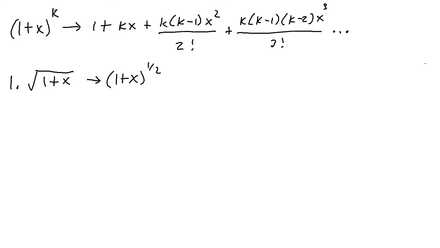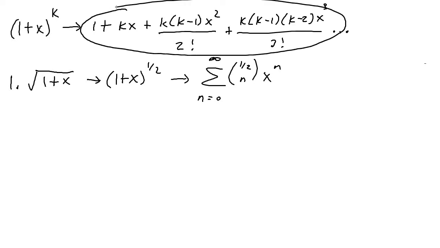So if we were to rewrite this as a binomial series, we have the series from n equals 0 to infinity. Remember, the k is going to be on top in parentheses, so 1/2. We have the n on the bottom, and since we just have a positive x, we can write it as x to the n. And so now what I have to do is expand it using the formula.